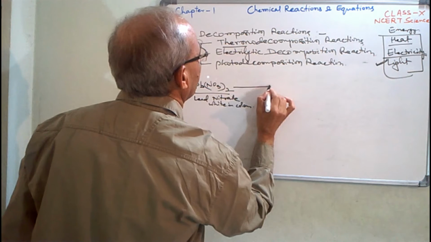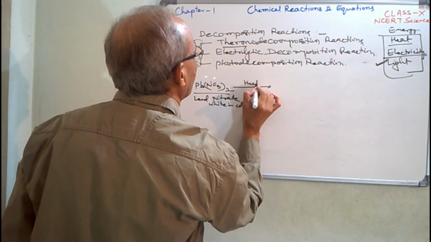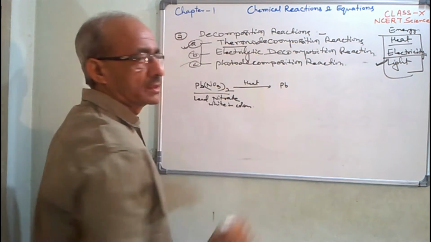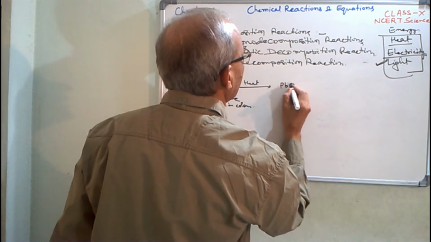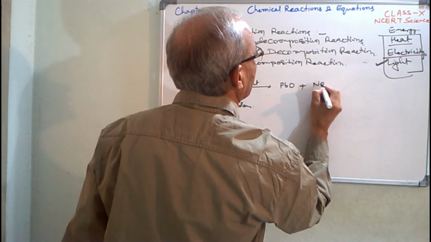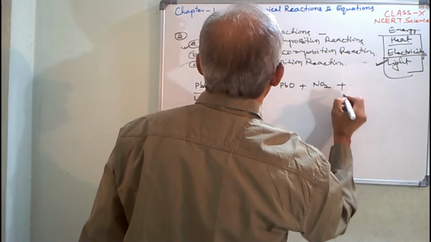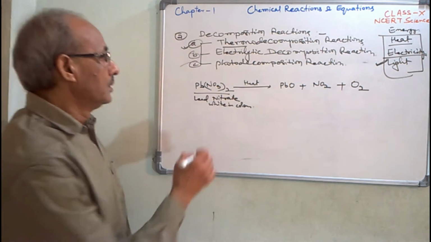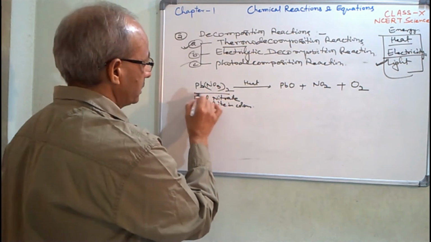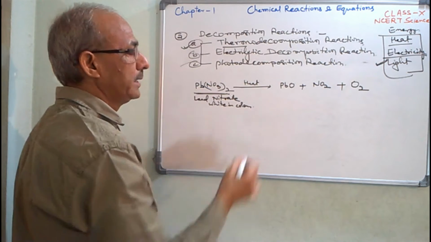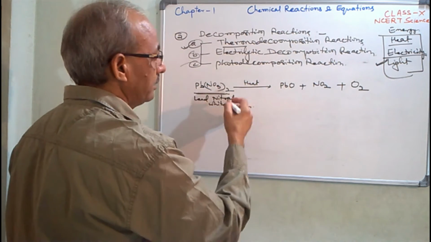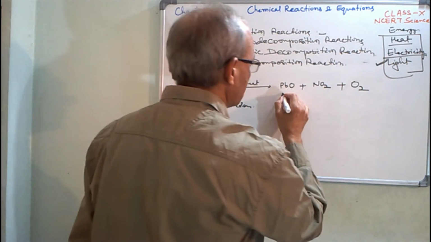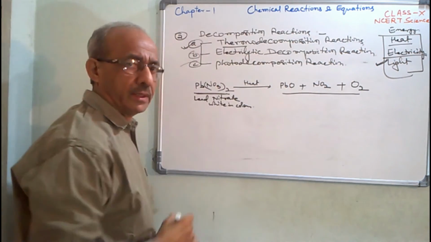When it is heated, it breaks into lead oxide plus nitrogen dioxide and oxygen. Here, a single substance, lead nitrate, when heated, breaks into three substances. Three products we are getting here.